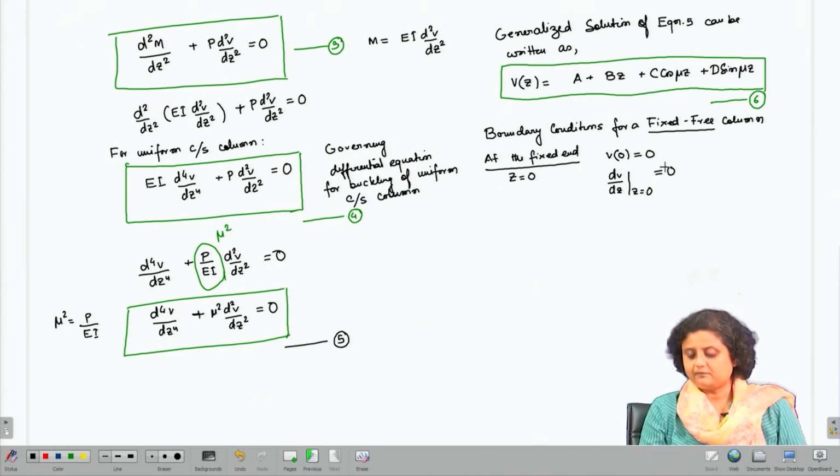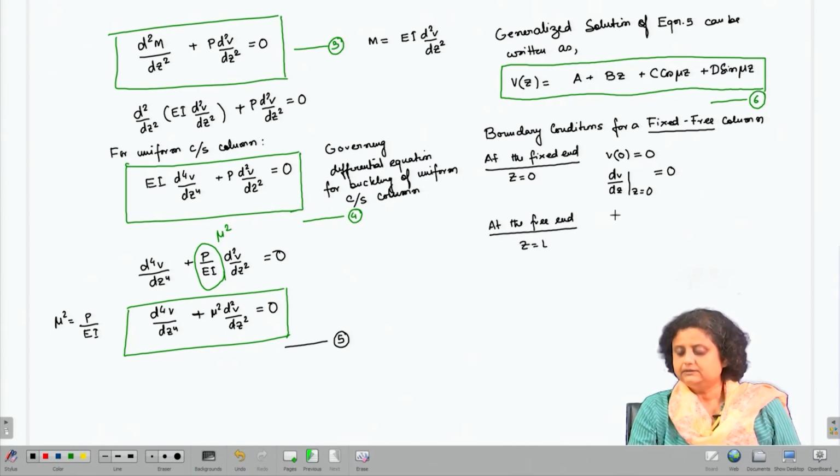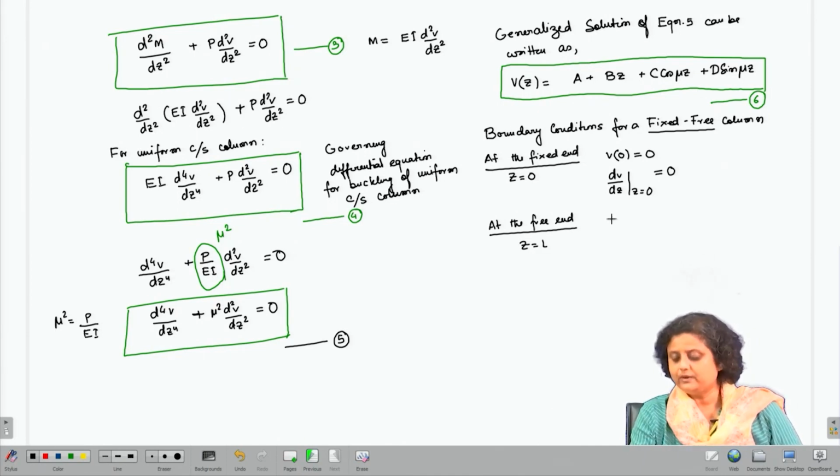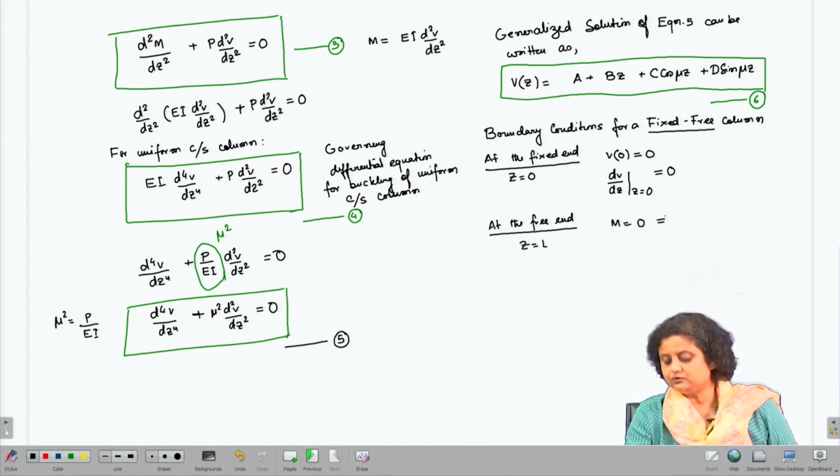So, what is the set of boundary conditions at the free end? At the free end, that is z equals L, the free end is free from any moment. So, we can say that the moment is equal to 0. What does the moment equal to 0 imply?